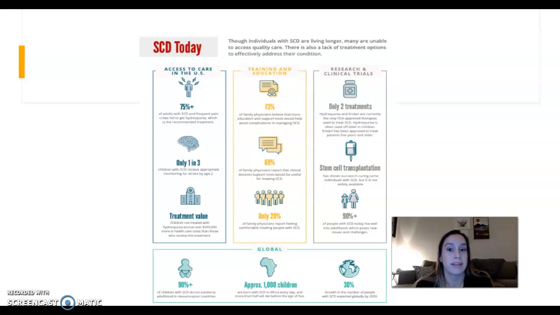They have to deal with this on a day-to-day basis, and it's just really amazing to think about. Those were just a couple of fun facts. You can keep reading over that. I'm not going to read that whole poster, but these are some interesting facts on this disease and how it really does affect a lot of people all around the world.